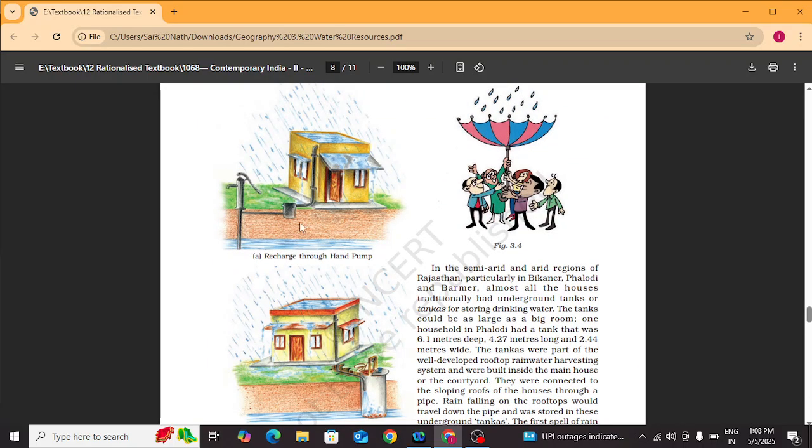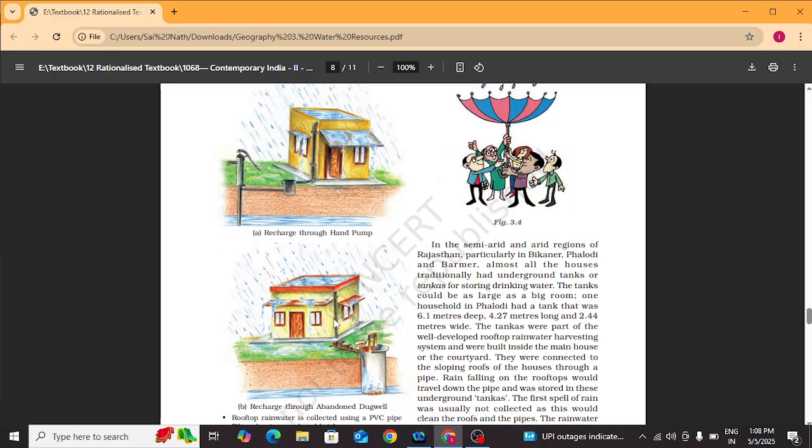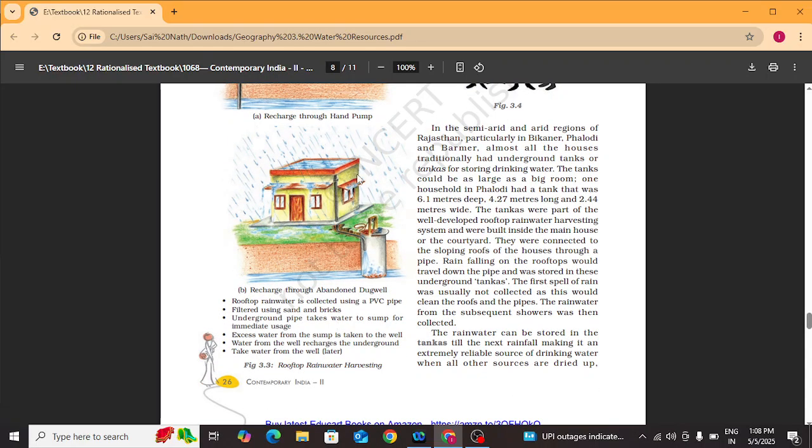One is recharged through a hand pump, where you store the water from the terrace through a pipe. It will travel down and be stored in groundwater, and the hand pump can be used to pump that water out. This one is a similar principle, but the pipe will store it in an underground tank, in a well kind of thing, and you can use the well to draw this out.